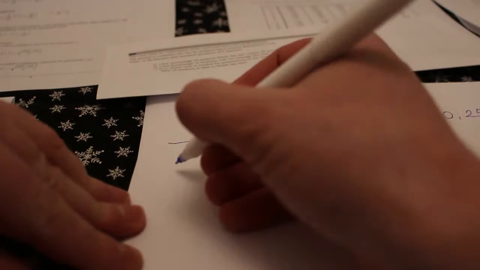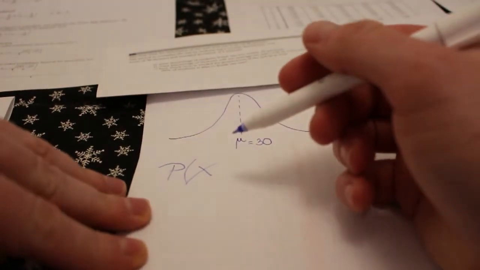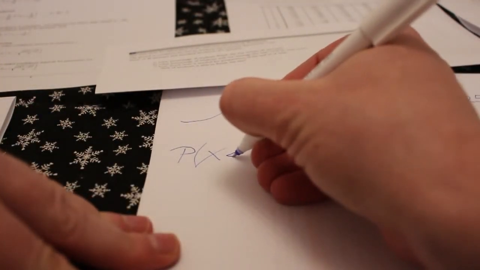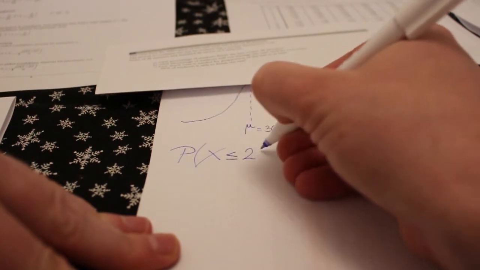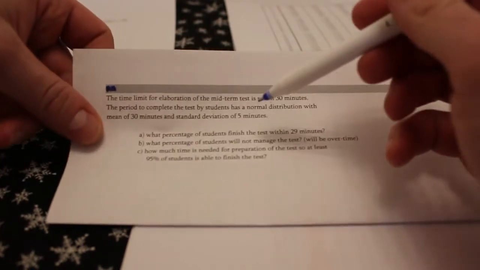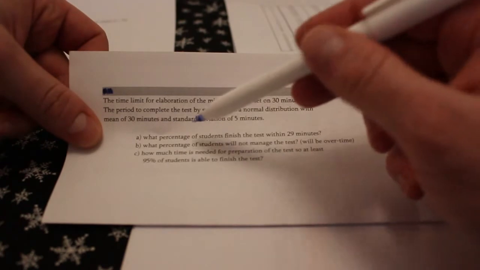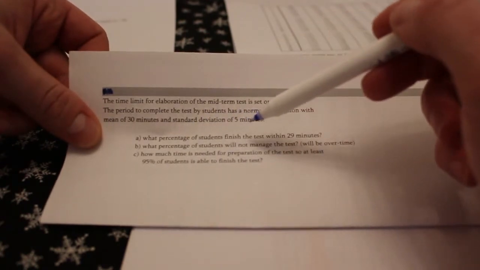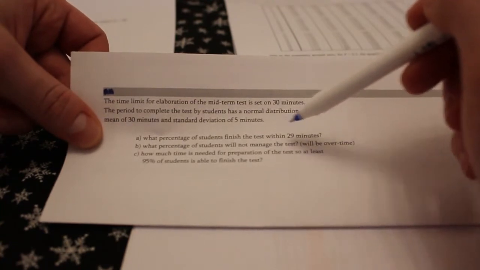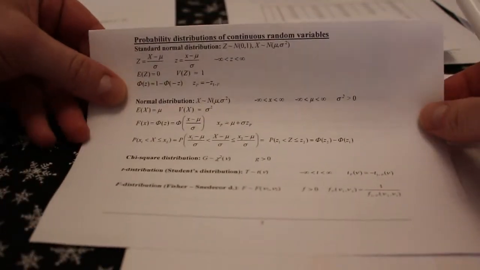So I would like to calculate the probability that random variable x will be smaller or equal to 29 minutes. I will use your formulas.